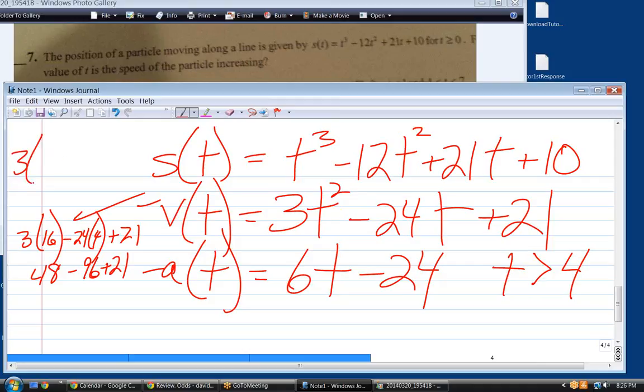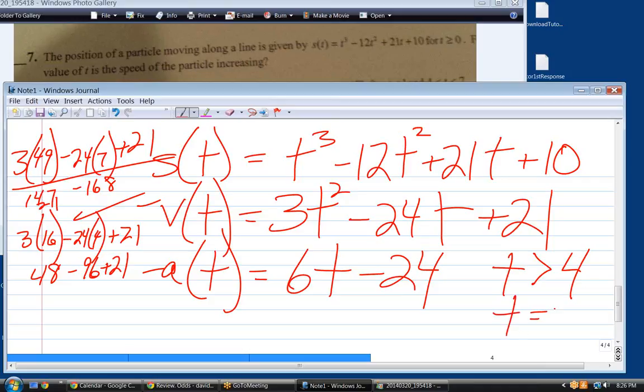We got 3 times 49 minus 24 times 7 plus 21. I'm betting that's a positive number. This is minus 168. This is plus 147, and 21 plus 168. So it's at t equals 7 where the velocity turns positive.